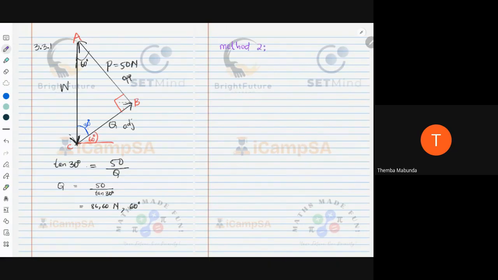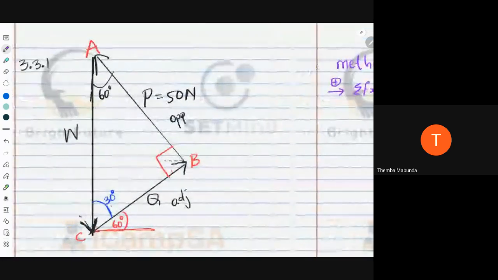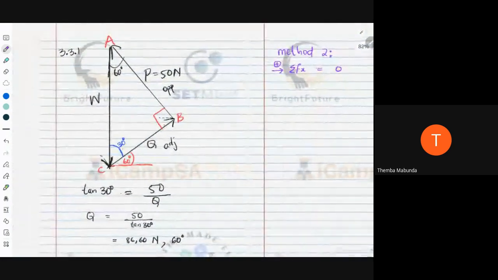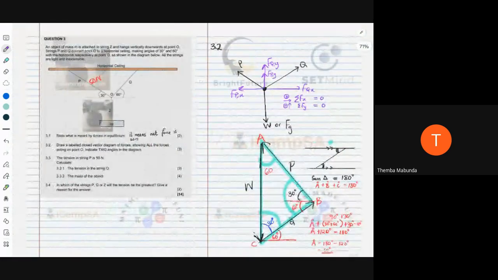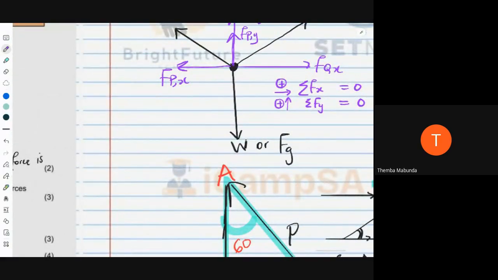Right, so with method 2, remember what I said. You would say sum of forces in the X is equal to 0, ne? We are choosing a direction as that one. Right is positive. So what are all the Fx components? It's Fpx and Fqx. But Fpx is negative because it's going opposite to what we chose as the positive direction. Okay?